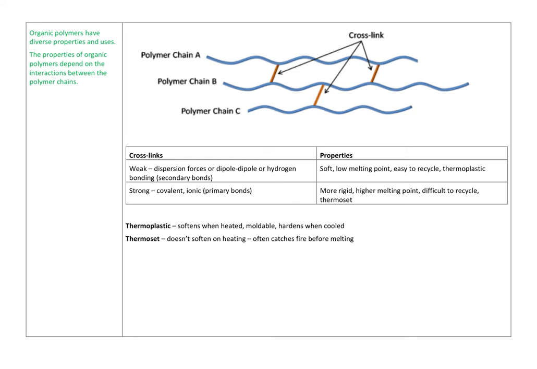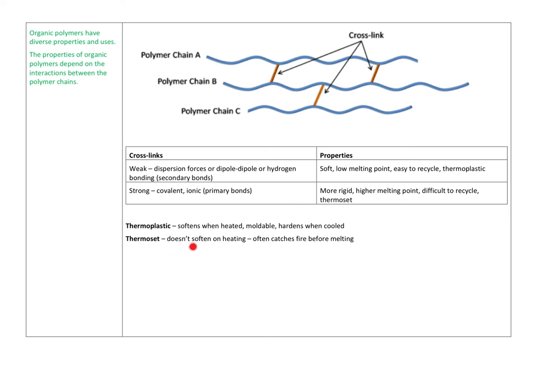If you have strong cross-links here that are formed out of covalent or ionic bonds, which are primary bonds, those bonds within molecules are generally much stronger than the bonds between molecules, which are the secondary bonds or secondary interactions. These polymers tend to be more rigid, they have higher melting points, they're difficult to recycle, and they're generally referred to as thermoset plastics.